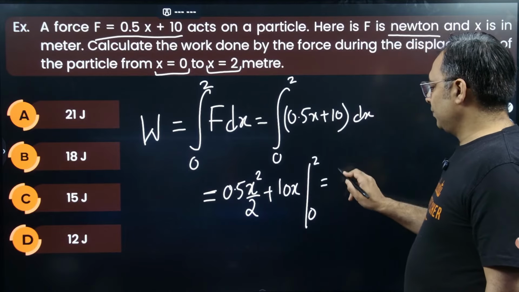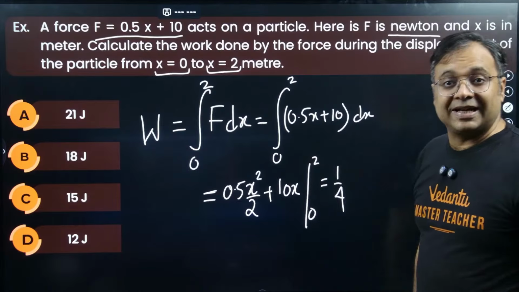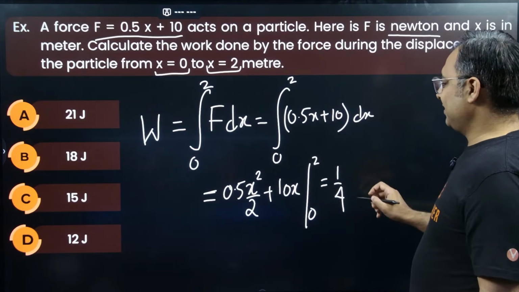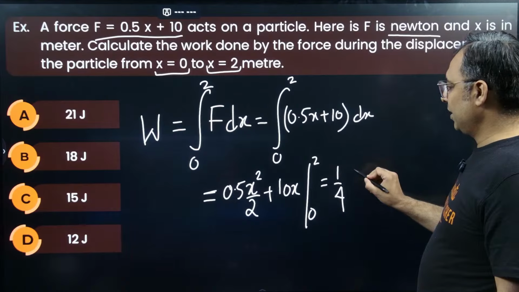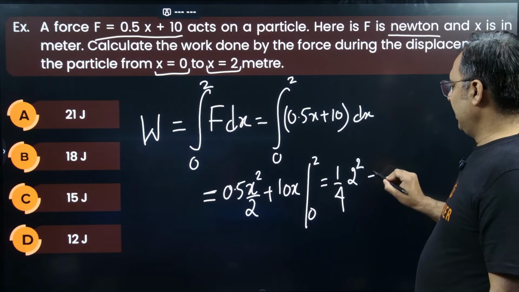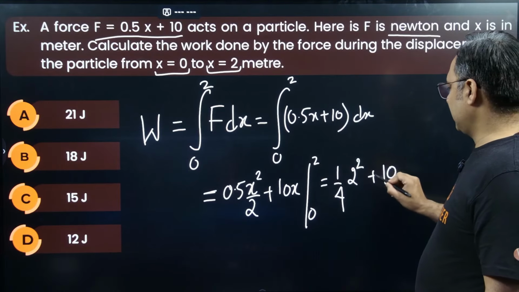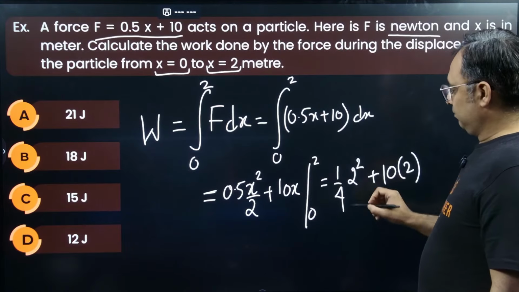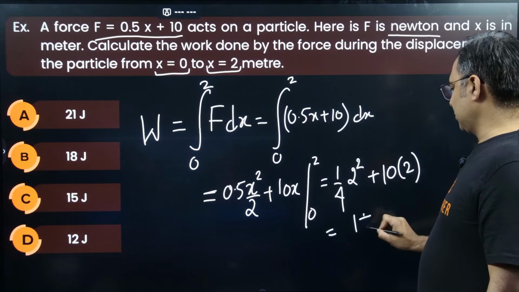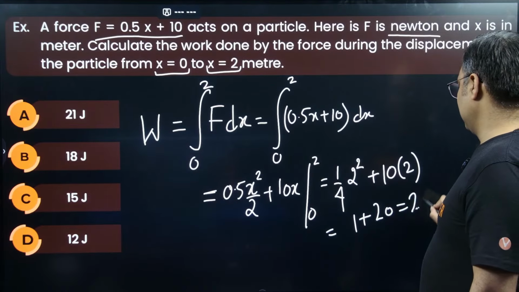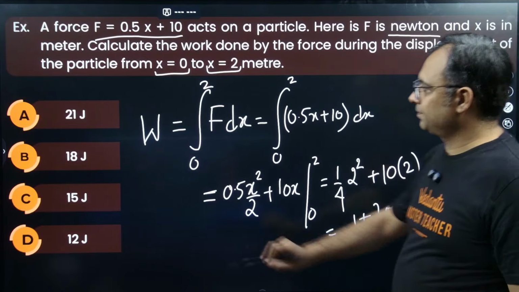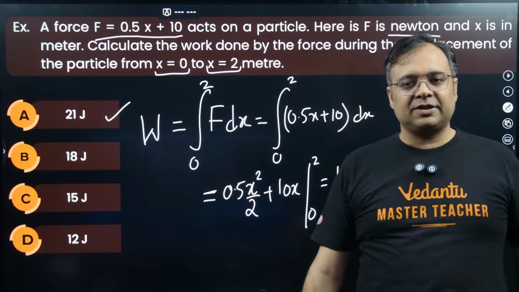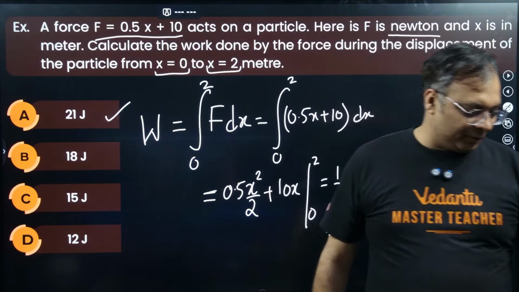So it will become 1 by 4, as 0.5 I am writing as 1 by 2, and x I write as 2, so it will become 2 square, and 10 into 2. This will become 1 plus 20. Hence the answer is 21 joules. This is your answer. Okay. So I hope this is clear to everyone.